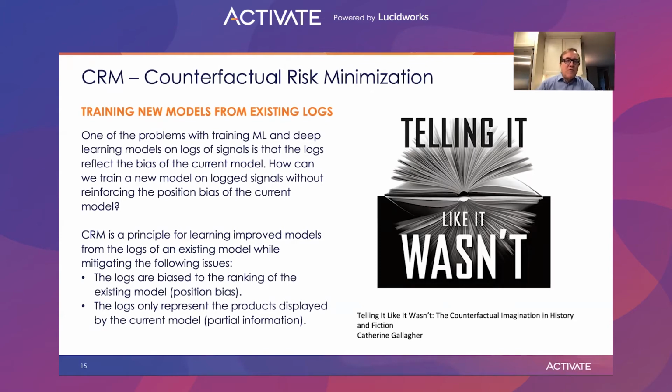And also the fact that the logs of the current system can only tell us about propensities having to do with what the current system showed or how the current system behaved. And so that problem is a partial information problem, and it causes all kinds of headaches. It's also related to selection bias.